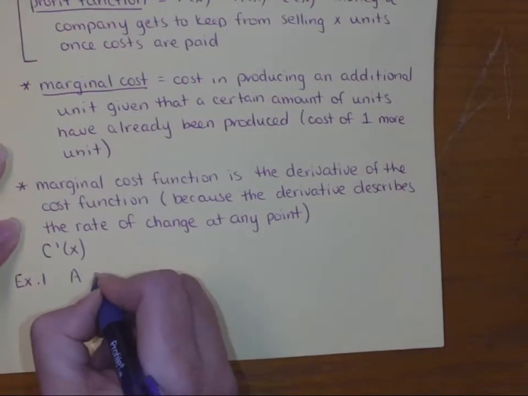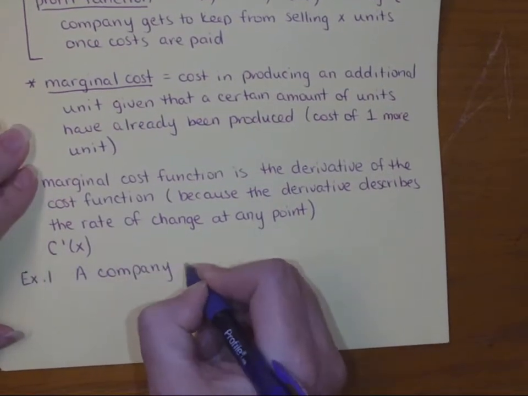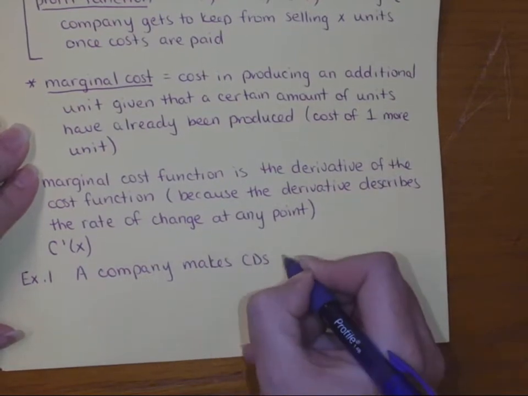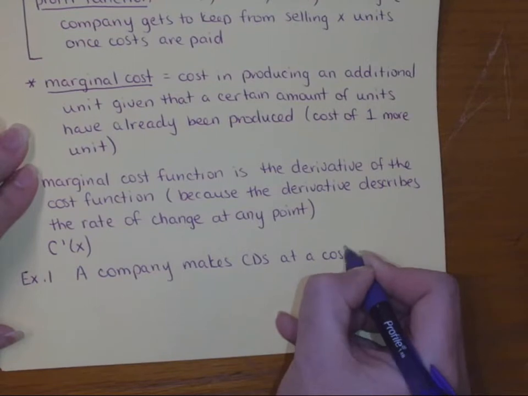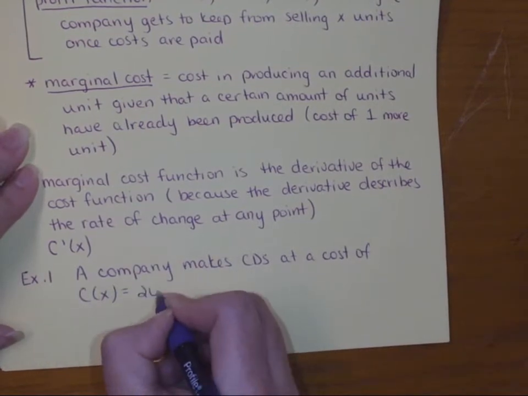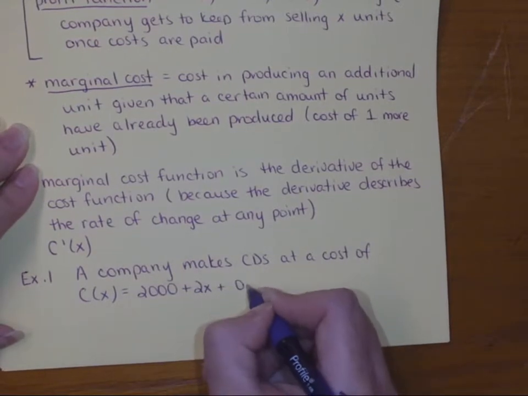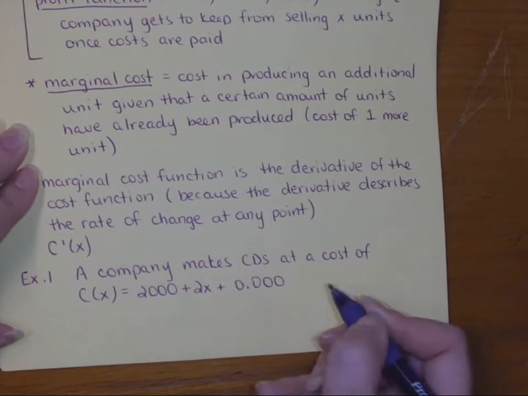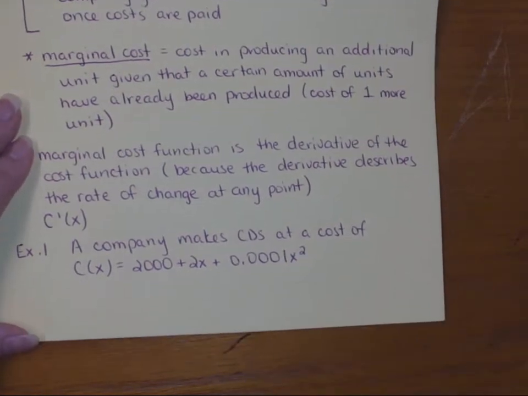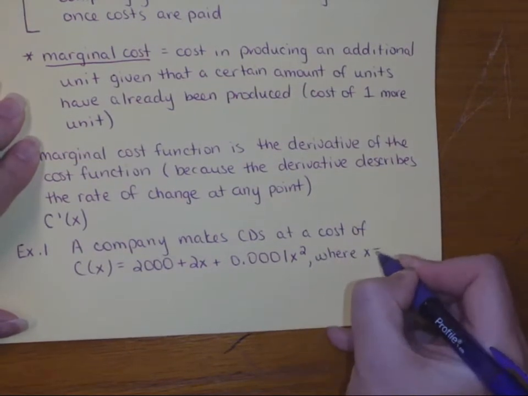All right, so let's look at a problem that uses marginal cost. So let's say that a company makes CDs at a cost of C of x equals 2,000 plus 2x plus 0.0001 x squared, where x equals the number of CDs.